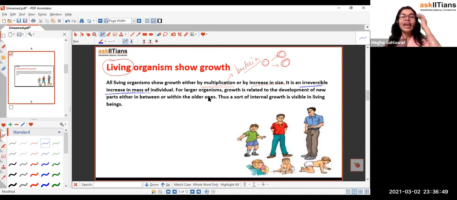Anyway, and then we have the larger organisms. Larger organisms grow according to their genetics, or let's say according to their DNA, right? They could develop into a new organism, they could develop new parts, they could change a little bit.